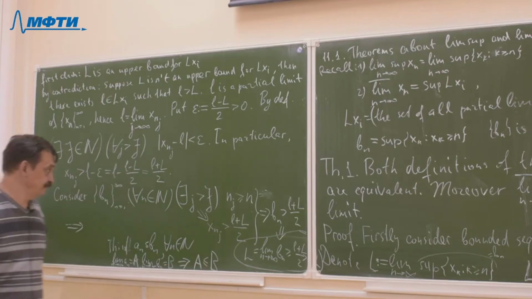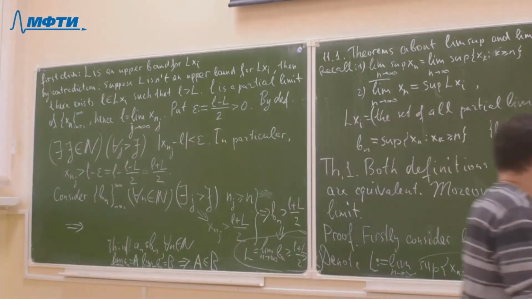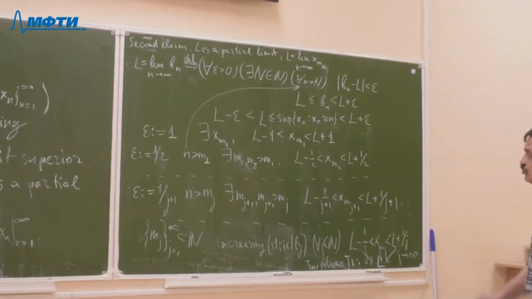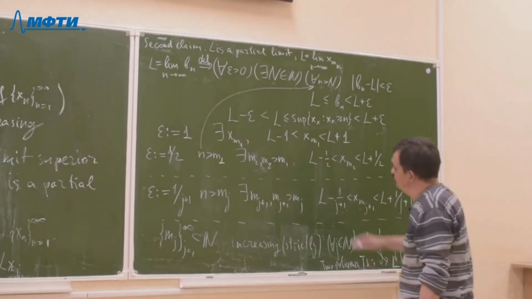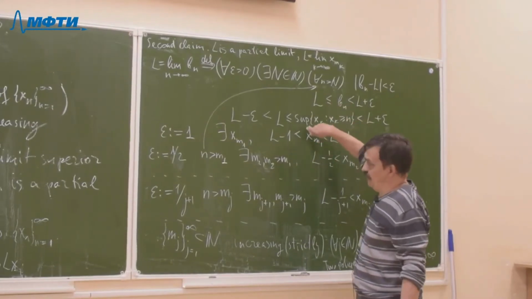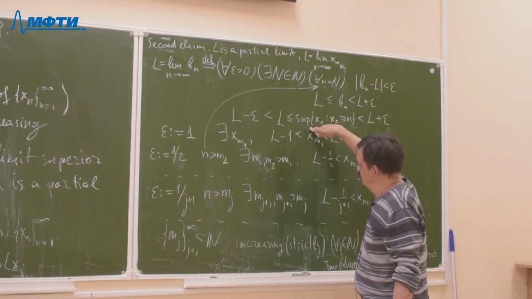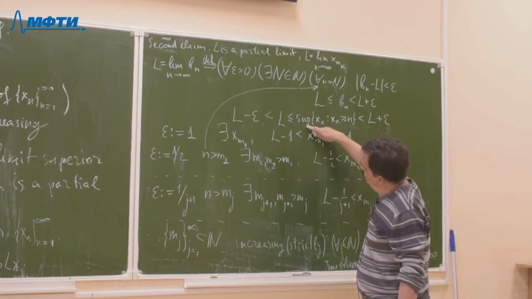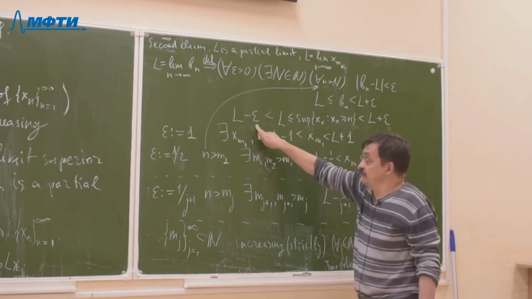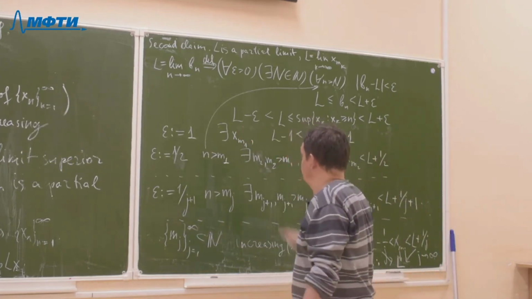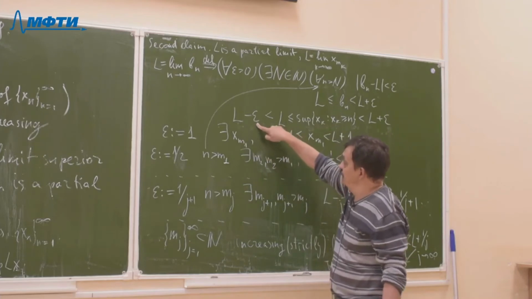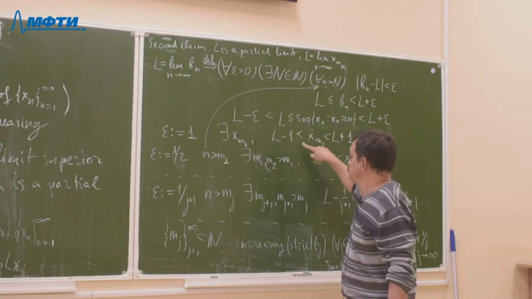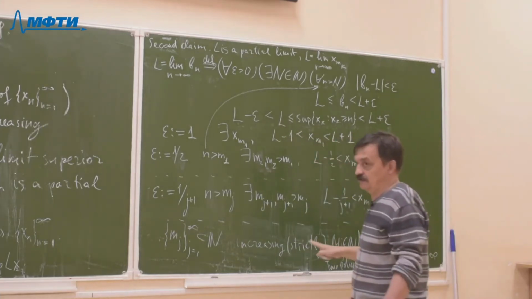That's it. Okay, and here I used only the definition of the supremum, which says this is the least upper bound. It means that any number which is smaller, for example that one, is not an upper bound. What means this is not an upper bound? Hence there exists an element of this set which is greater. That was used here.